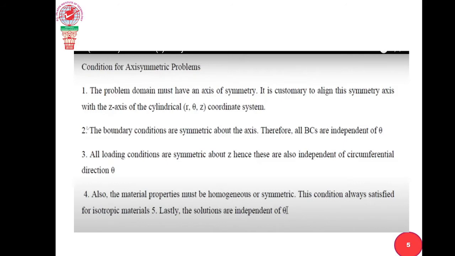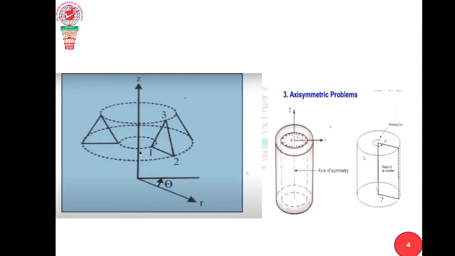When we consider the structure or boundary condition with respect to the axis, it is symmetric. Take barrels, cylinders, boiler cylinders, anything like a pressure vessel. All these come under axisymmetric problems.